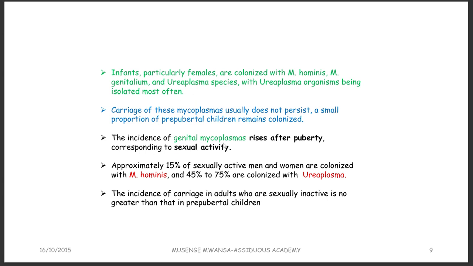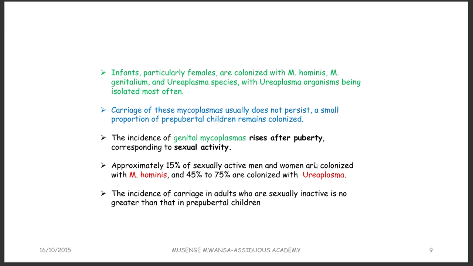The incidence of genital mycoplasmas rises after puberty, corresponding to sexual activity. Okay, because this organism is related to sexual activity. So after puberty, there's much more sexual activity, and that's why the incidence rises. And now, approximately 15% of those that are sexually active, men and women, have Mycoplasma hominis, and 45 to 75% are colonized with Ureaplasma.